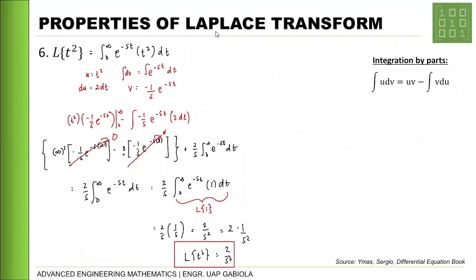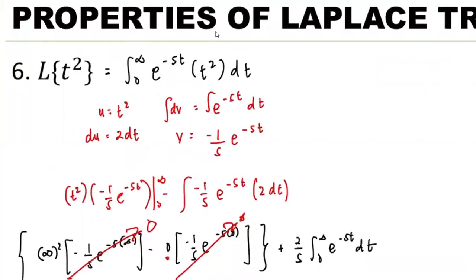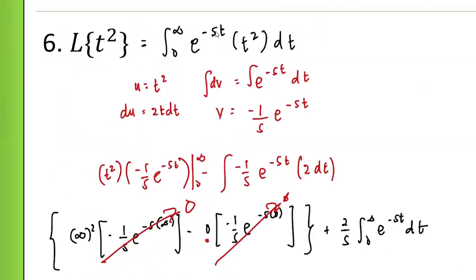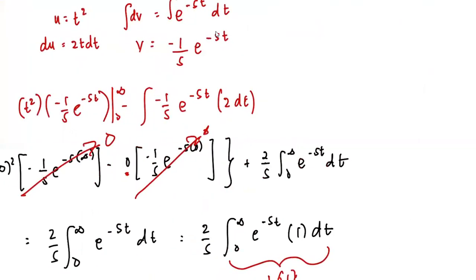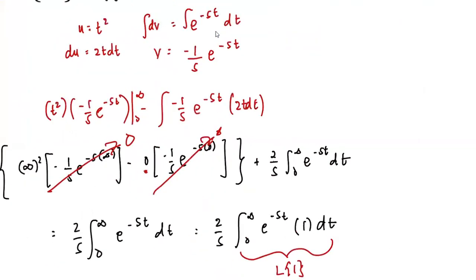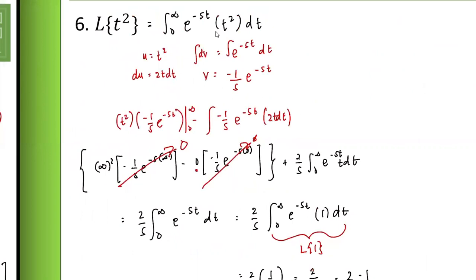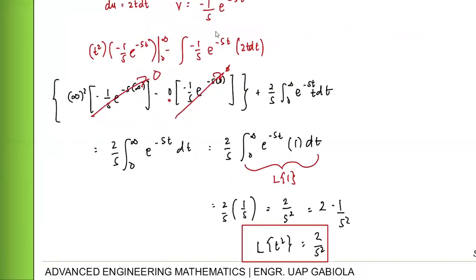Okay. So, I have a mistake here sa ating derivative, no? Para dito sa ating this one, no? So, this should not be 2 dt lang. It should be 2t dt. Okay? So, this should be 2t dt. And then ito dapat siya ay 2t dt. Okay? So, may another t doon. So, we should perform another integration by part on that area.